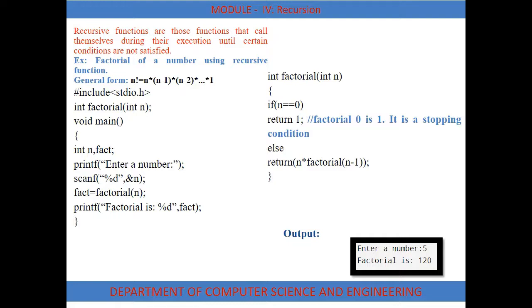Now the entire code is written as return 5 into return 4 into factorial of 3. Again in this code we are calling the same function factorial. This is recursion. Again substitute the value for factorial of 3.